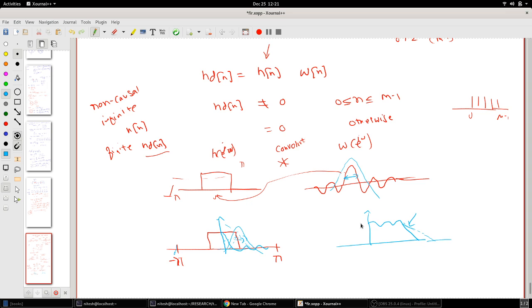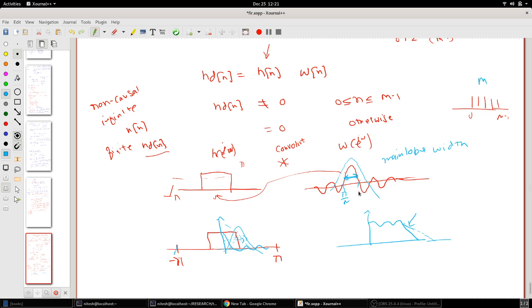This will depend on the main lobe of the window. So the main lobe width of this particular window in the frequency domain is going to determine the main lobe in the frequency domain, right?